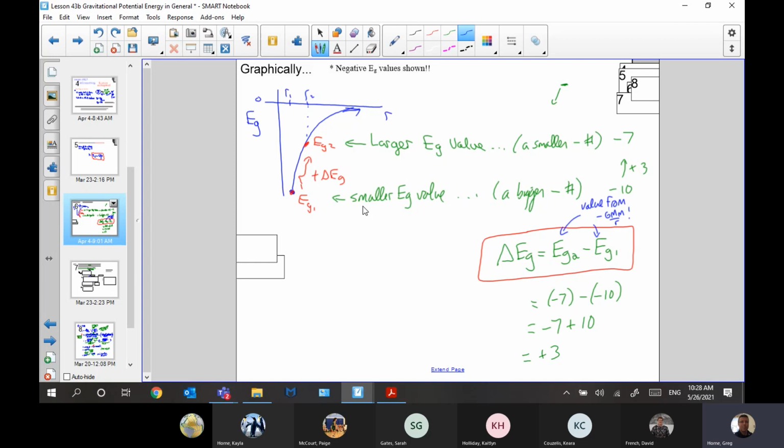I'm hoping you're going to jot down the ideas of that, because it is weird that a bigger negative number means a smaller gravitational potential energy value.